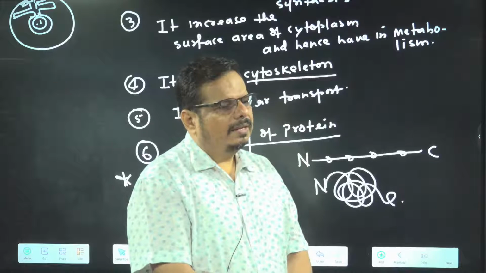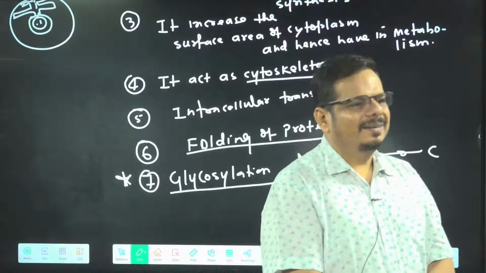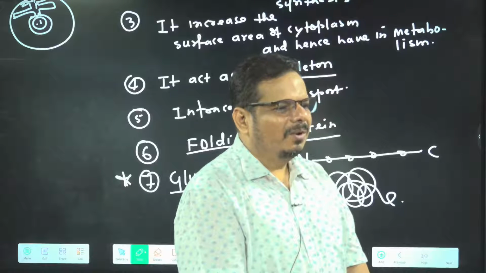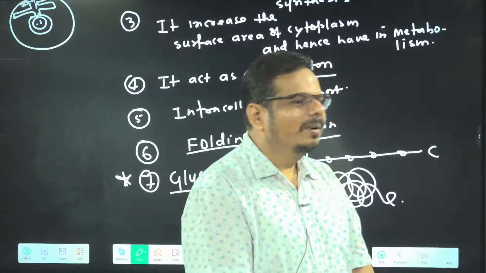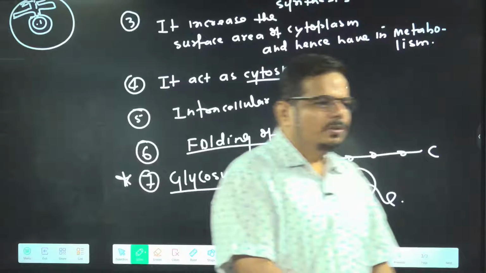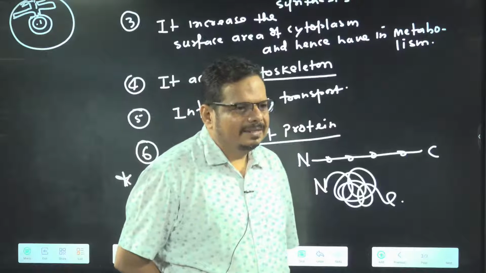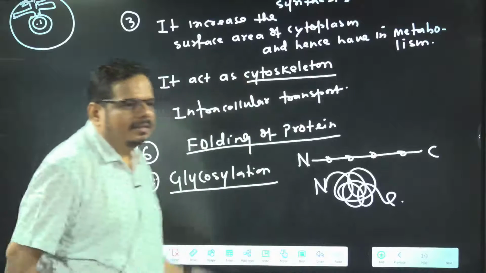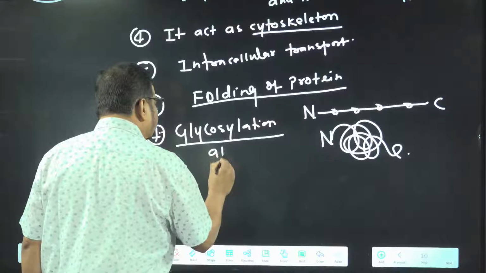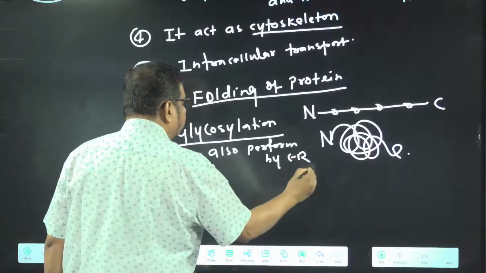You will find a question came on glycosylation occurring, and Golgi body was not in the options, ER was in the options. If you do not have knowledge of this line, you will make a mistake. Is it clear? That is the reason I wrote glycosylation, so you do not get confused, I am writing it is also performed by endoplasmic reticulum.